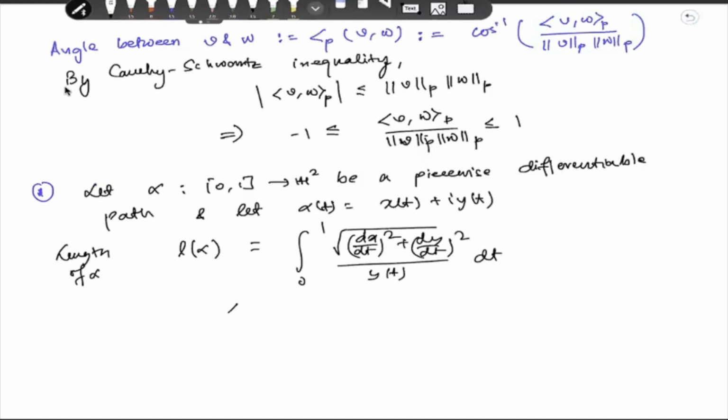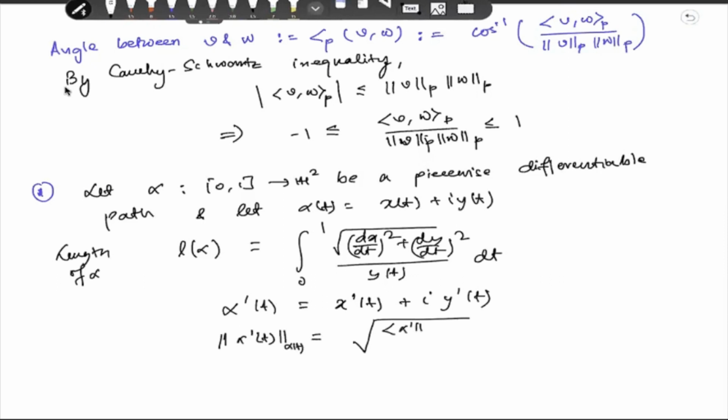And also note that alpha prime t is equal to x prime t plus i y prime t. So the norm of this alpha prime t, I am taking with respect to this hyperbolic inner product. So this is equal to root over, and I am taking this norm at the point alpha t. So what is this hyperbolic inner product?